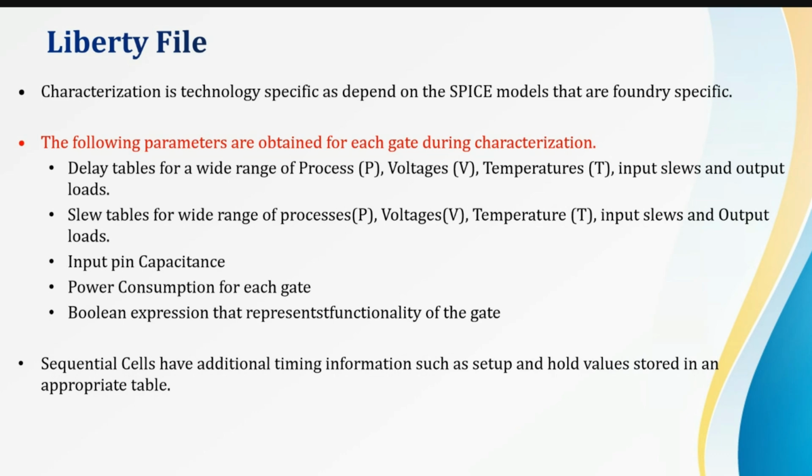Just remember that there will be a delay table for each and every cell. So the Liberty file will contain the information of the timing, functionality, and PVT corners. PVT is nothing but process, voltage, temperature, and the input capacitance, output capacitance, power consumption, and the functionality of the cells. All of it will be in the Liberty file.